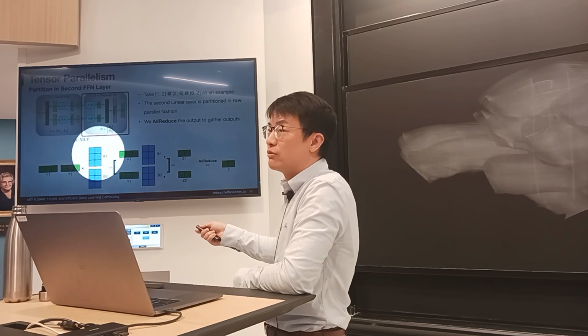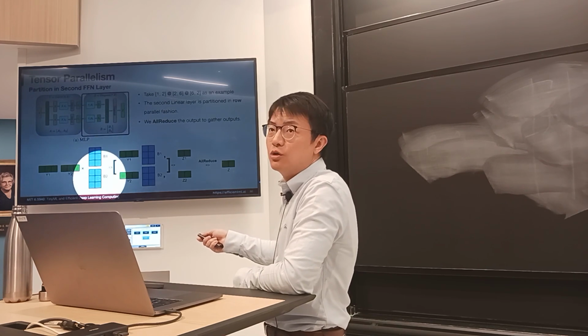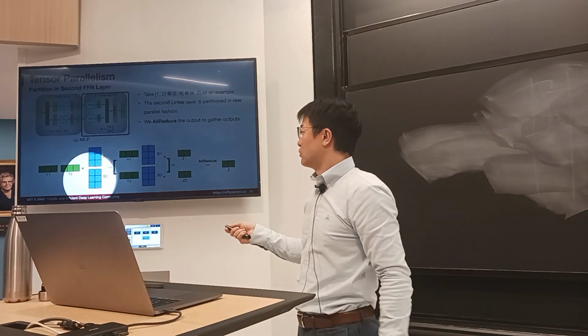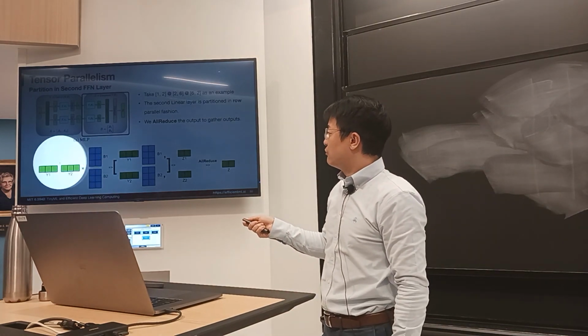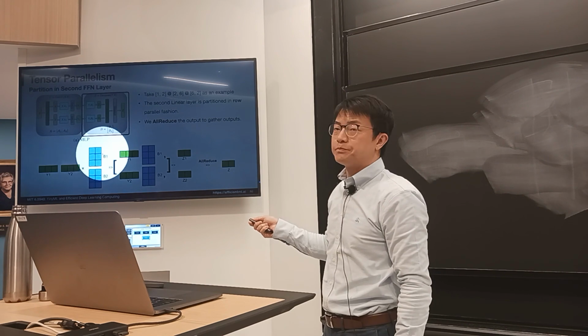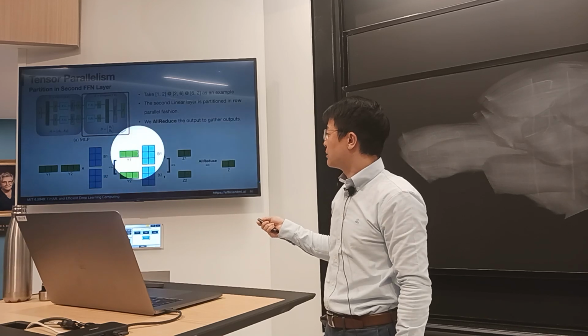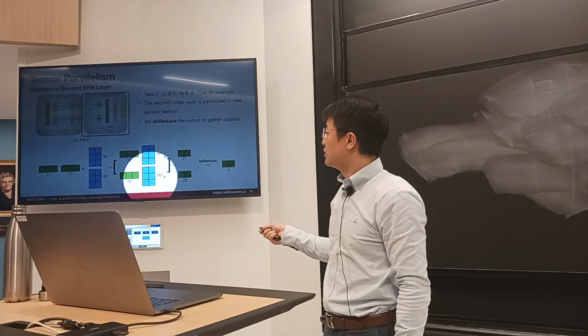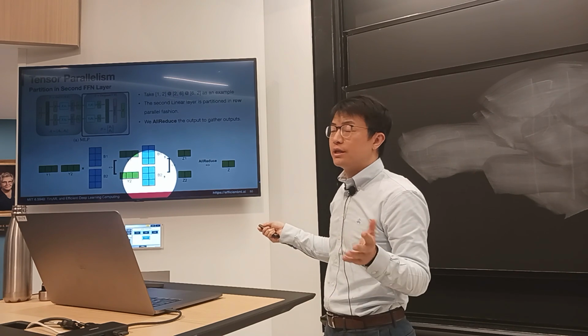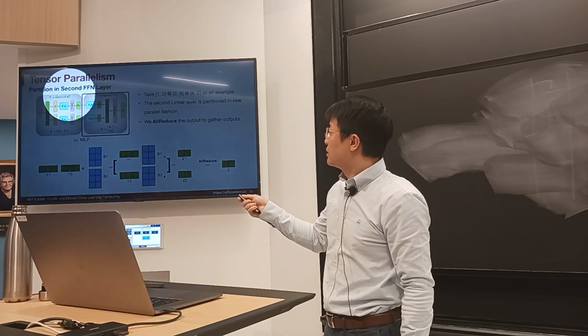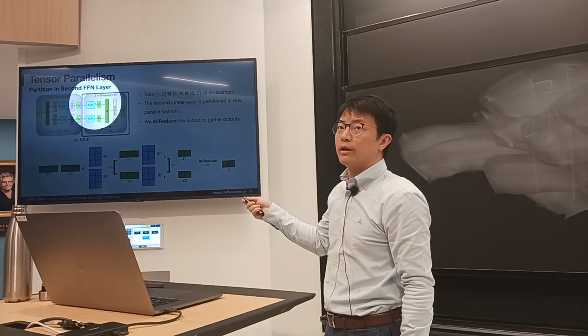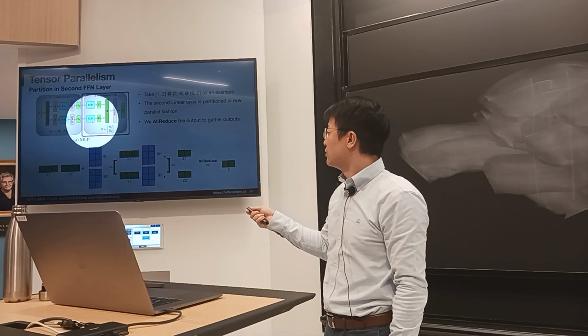GPU1 is responsible for the first half, GPU2 is responsible for the second half. And what we do here is we perform Y1 times B1 independently with Y2 times B2. Okay, Y1 times B1, Y2 times B2. So no communication is needed because Y1 is associated with B1, which has nothing to do with B2, right?